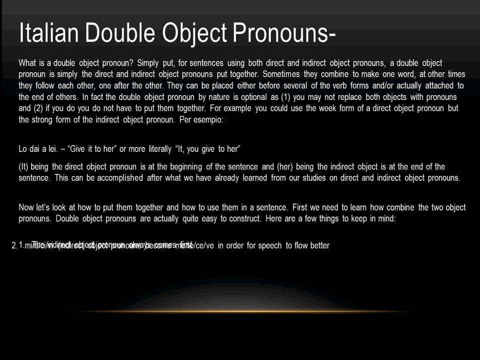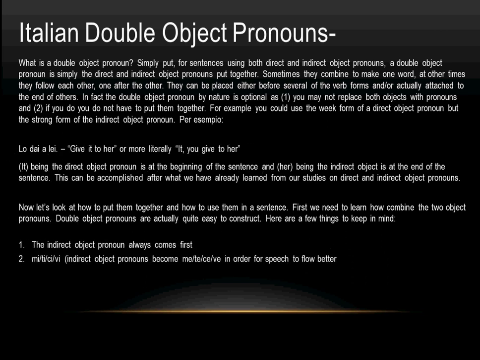Two, mi, ti, ci, vi indirect object pronouns actually become me, te, ce, ve when they're immediately followed by a direct object pronoun. This is in order for the speech to be able to flow a little bit better.